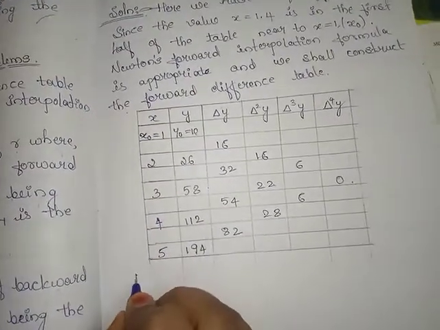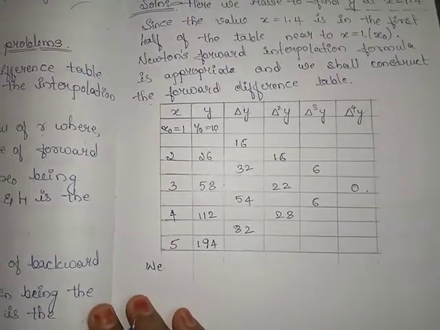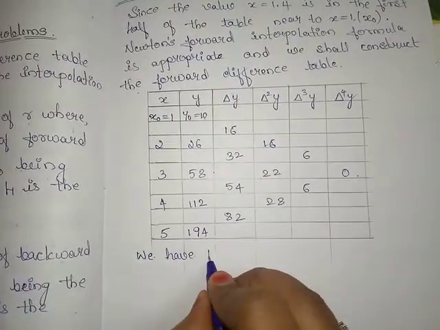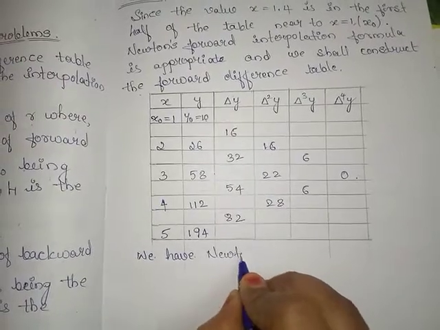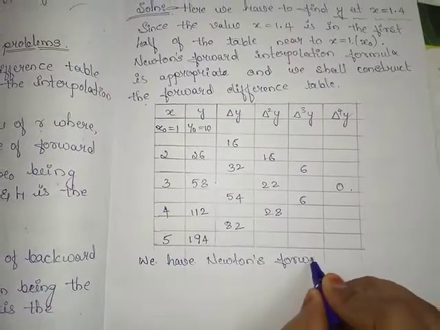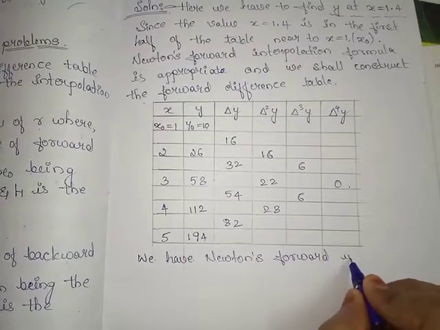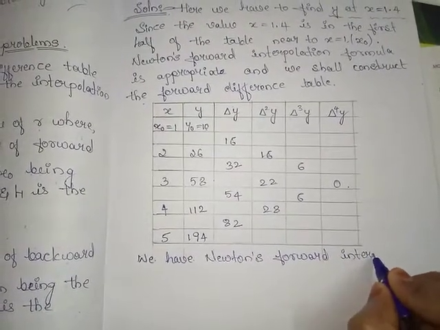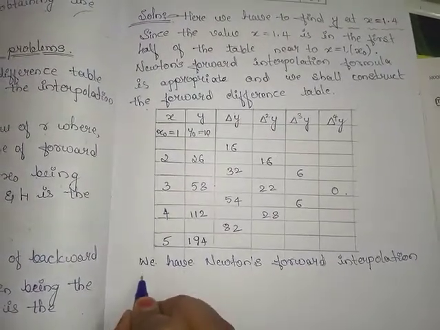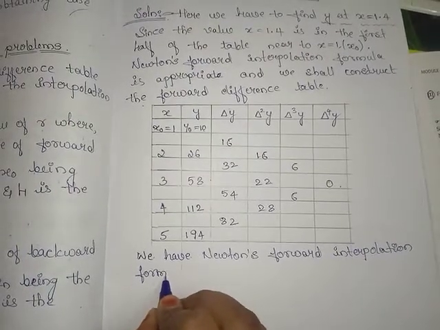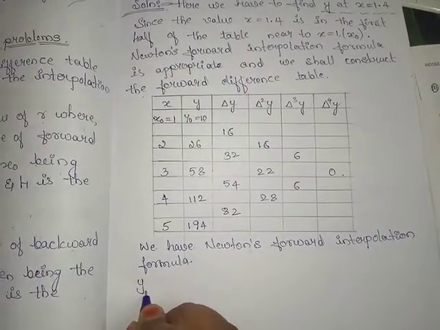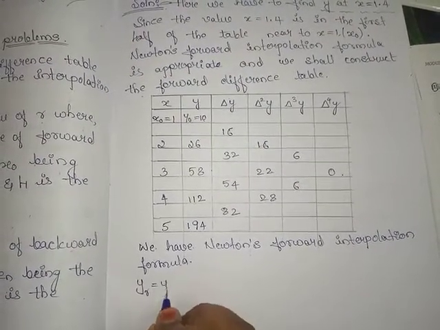We have Newton's forward interpolation formula, that is y at r is equal to y0.